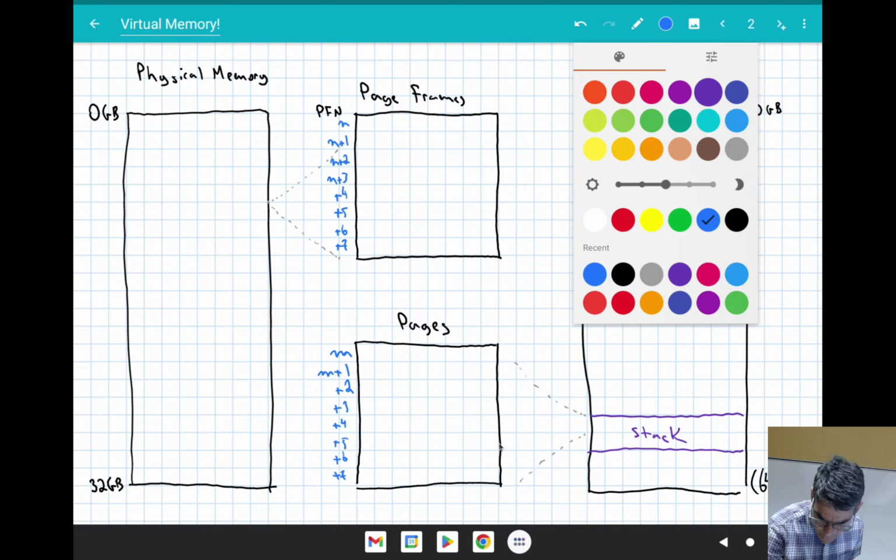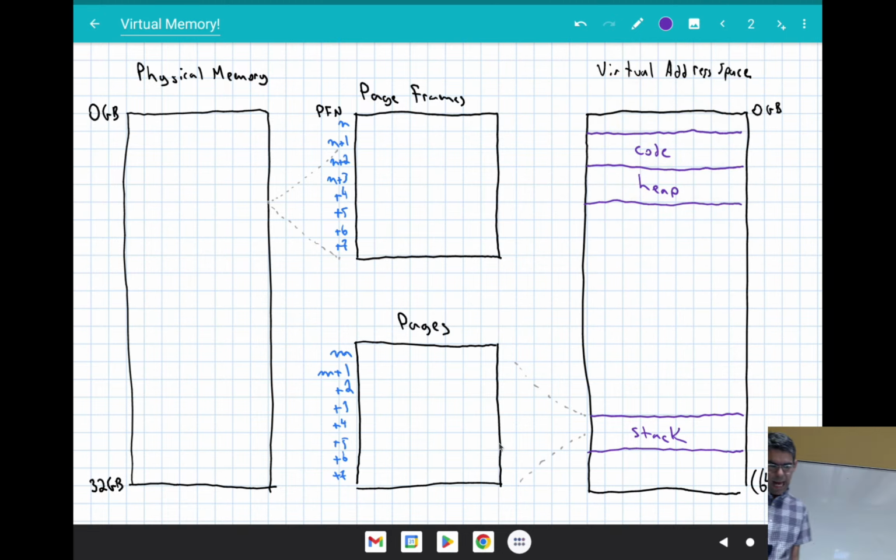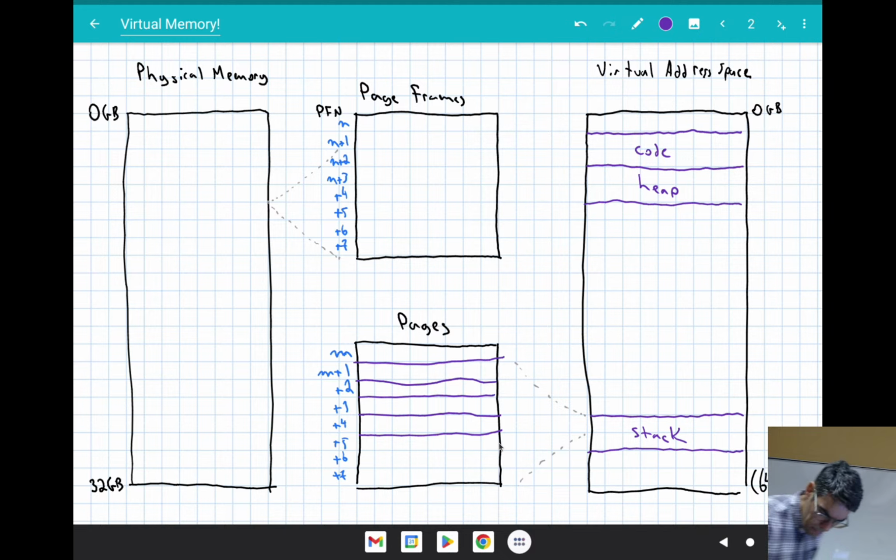And within the virtual address space, we're going to have things like our stack and our code and our heap. I'm going to say here that my stack takes up pages up to maybe partway through M here.